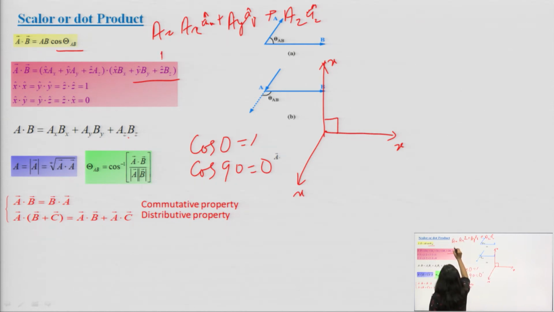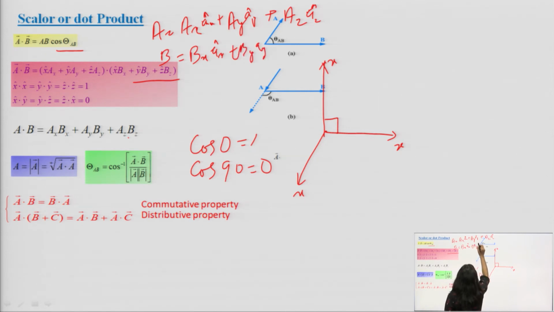Suppose similarly the second vector is b, bx ax plus by ay plus bz az. Then if we do a dot b, what will happen?